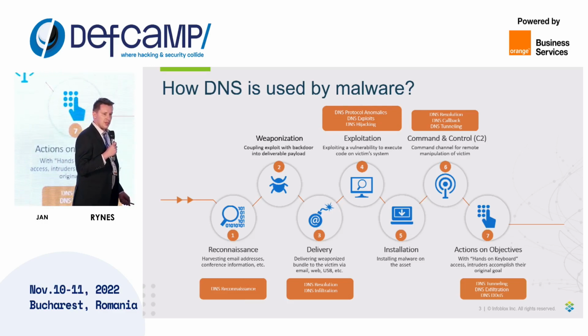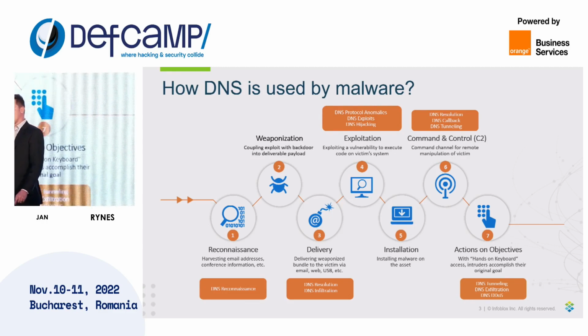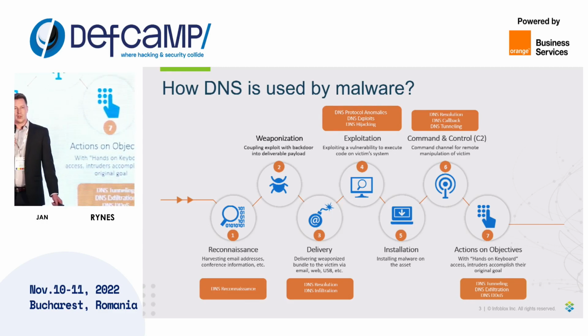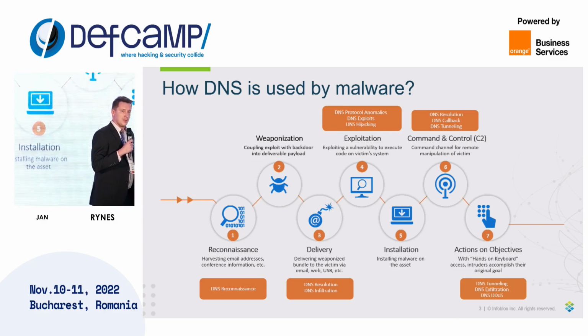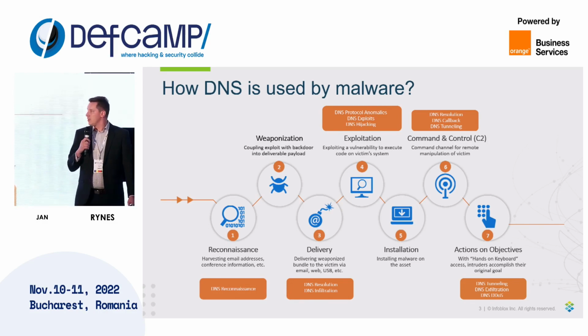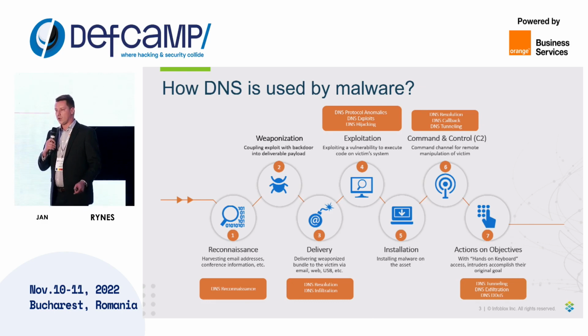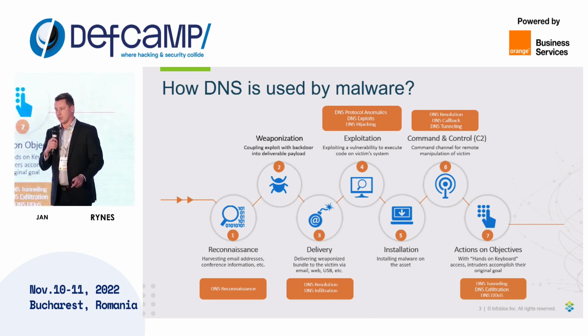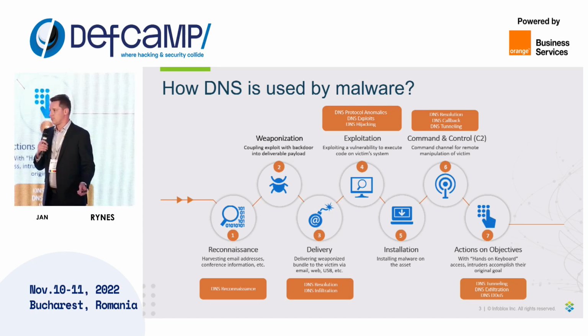You will get an IP address, maybe how many name servers there are and where they are. You may even learn if they have some mail security, if they are doing something about spam, because you will see TXT records like SPF records. So all of that is the reconnaissance part. The attacker is doing the homework to collect any necessary information. Of course, it's not only DNS, but I will focus on DNS to be sure.